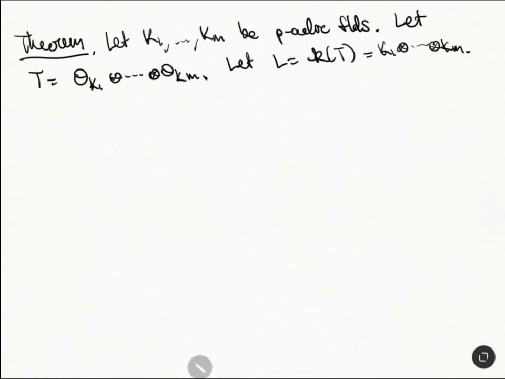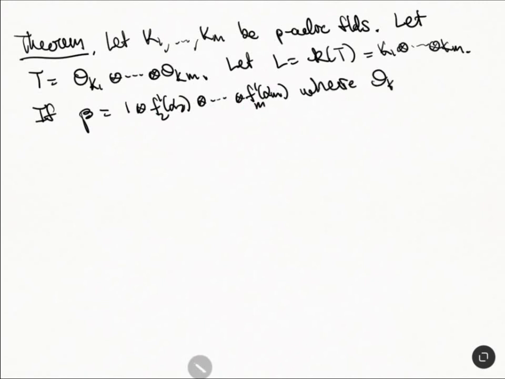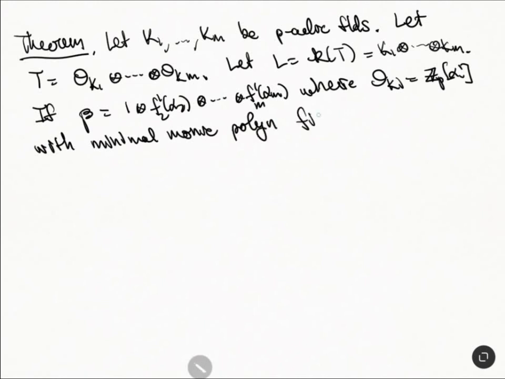So if beta is equal to the following element, 1 tensor f_2 prime of alpha_2 tensor ... tensor f_m prime of alpha_m, where we're writing that O_{K_i} is Z_p adjoin alpha_i with minimal monic polynomial f_i(x) in Z_p[x].